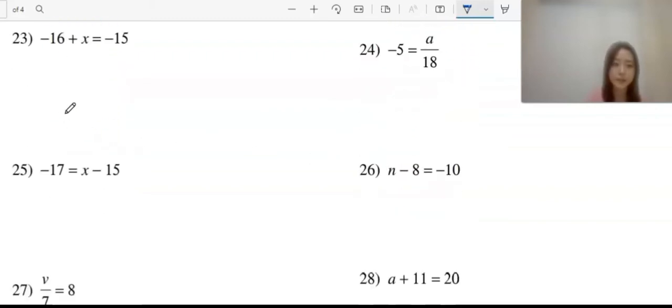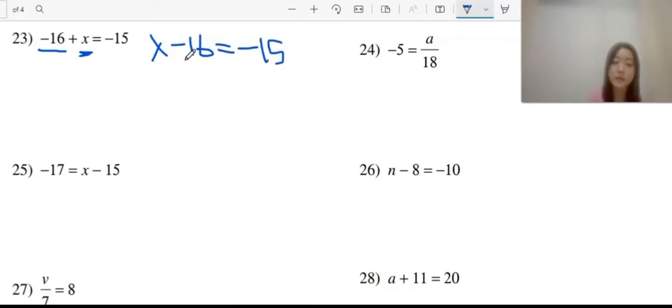Number 23. Negative 16 plus x equals negative 15. So in this case, negative 16 is added to x. So we only want the x by itself. So if we want to undo that process, we will have to add the negative 16 back. And in other words, this means x minus 16 is equal to negative 15.